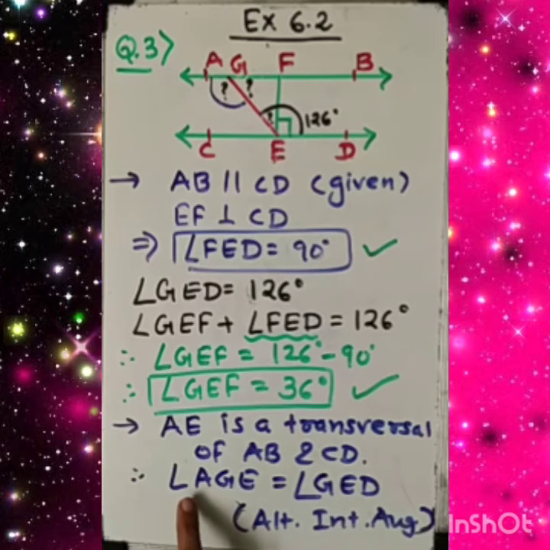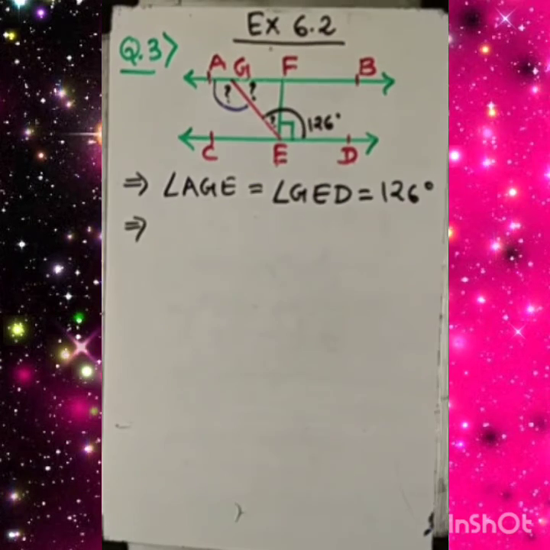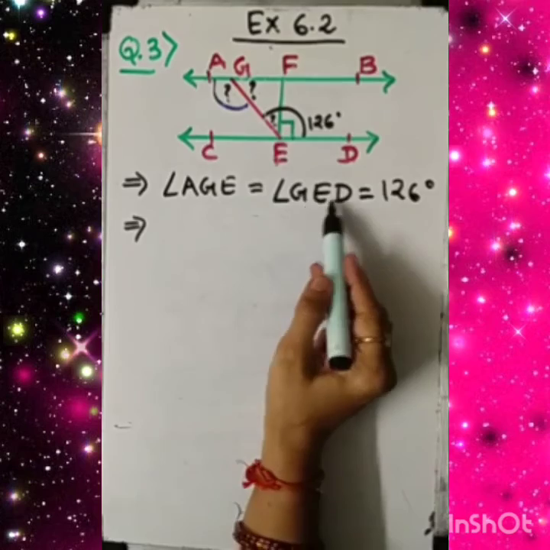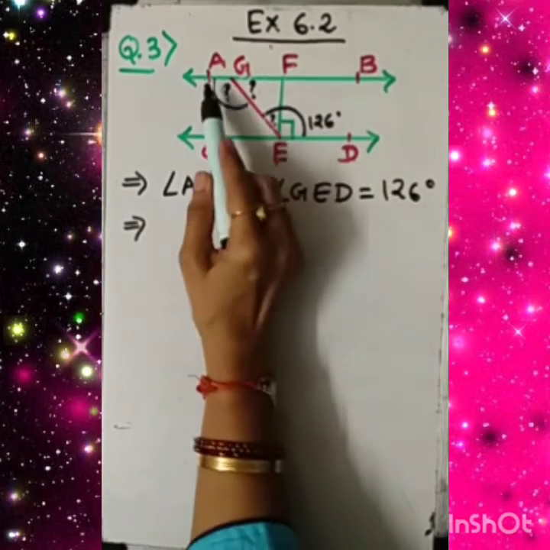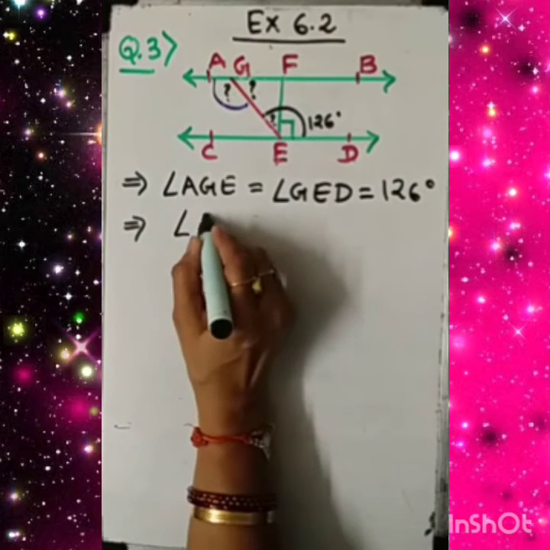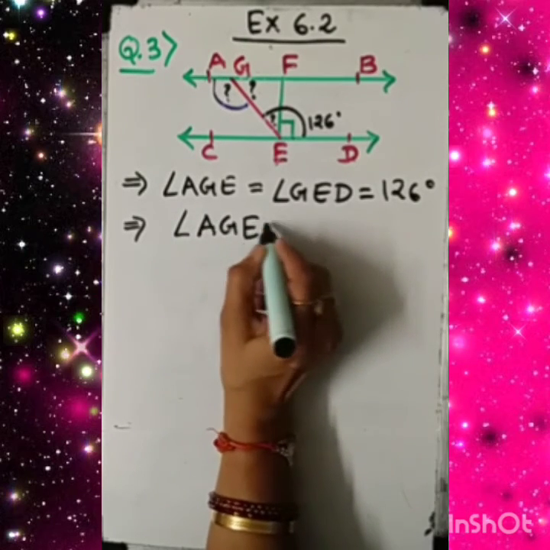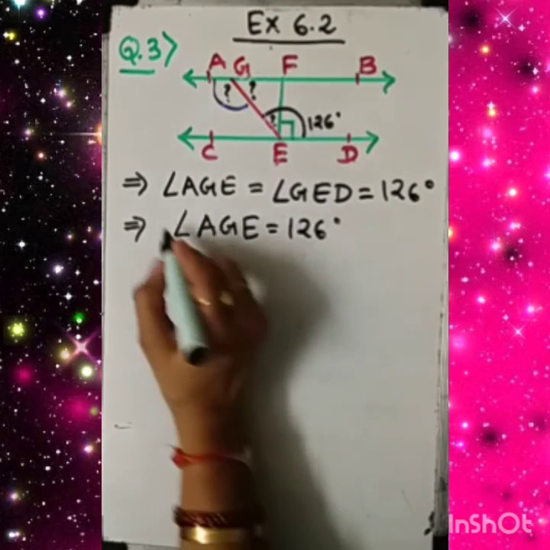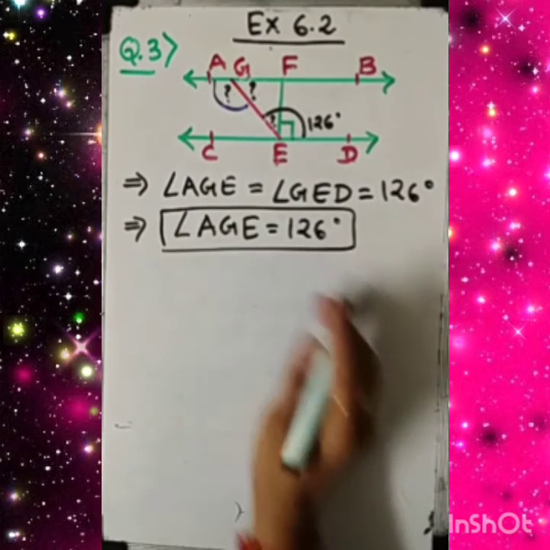The value of angle AGE will also be 126 degrees. So finally, as we are asked to find the value of AGE, that will be 126. This is our second required result.